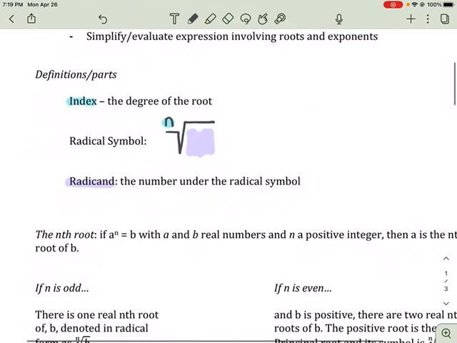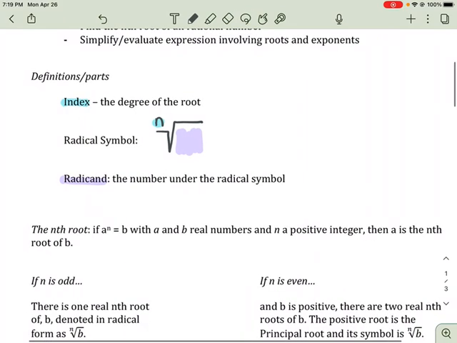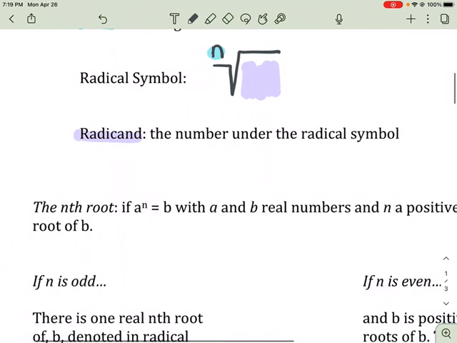So here's a definition, and I'm not a real big fan of this definition because it sounds a lot more complicated than it actually is. It says the nth root: if a to the n is equal to b, and a and b are real numbers, and n is a positive integer, then a is the nth root of b. So what exactly does that mean?